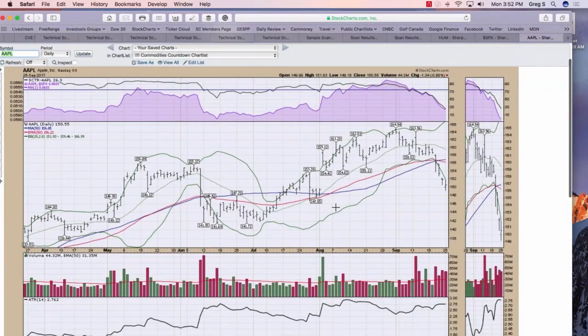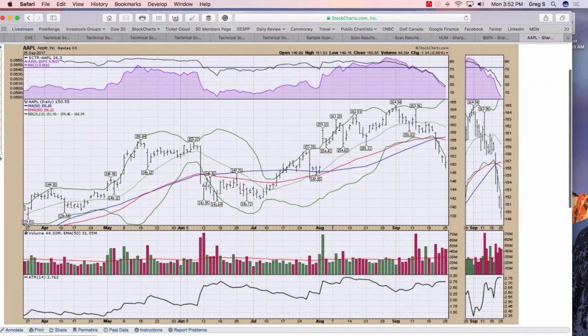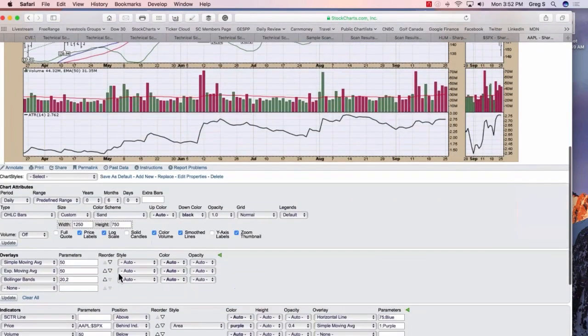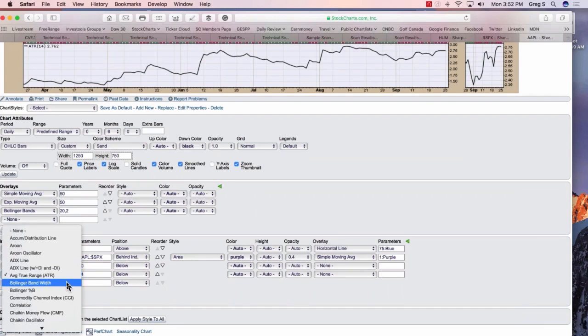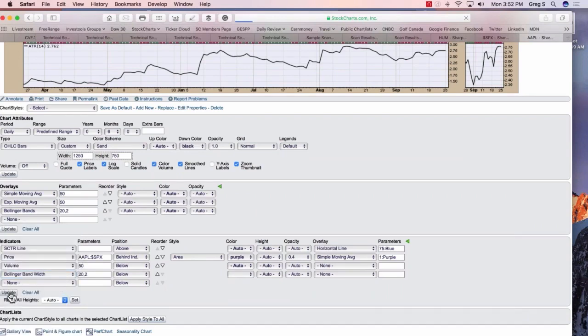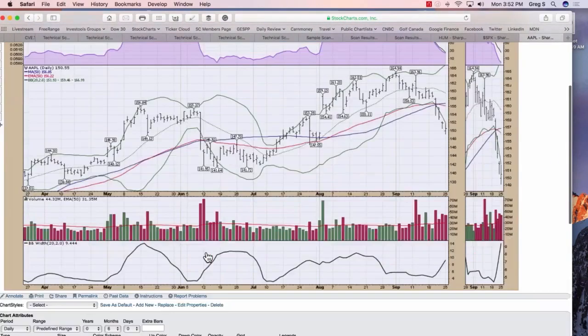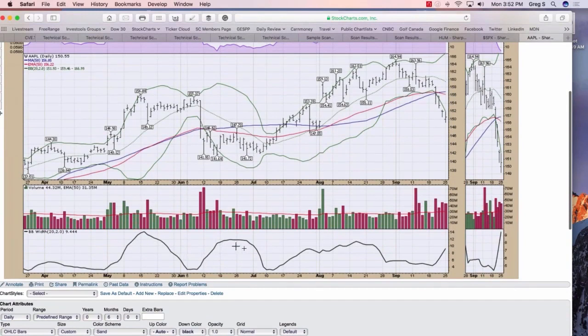So in this particular case, the stock is going sideways for a period of time and then breaks out. And one of the things that you'll notice is the Bollinger Bands are contracting here. The distance between the two is getting narrower. So we could use a tool rather than the ATR. We can use Bollinger Band width. What that does for us is it shows us that the price here, the Bollinger Band is getting really, really narrow.